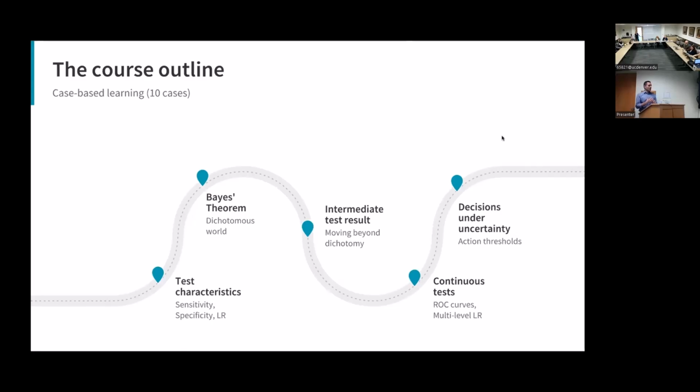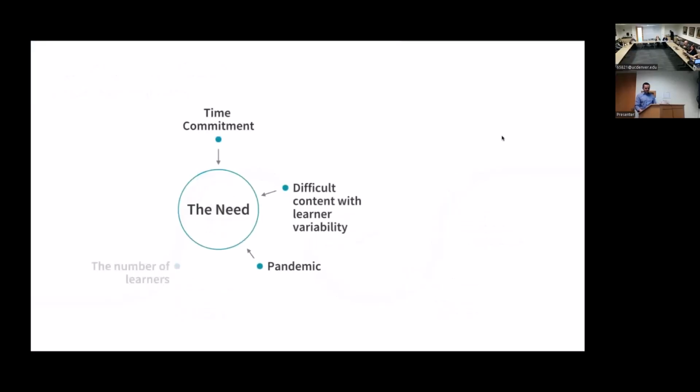So they can tell apart very abnormal to moderately abnormal to mildly abnormal and so on. And finally, we address decisions under uncertainty, action thresholds, when we should proceed with more workup versus more treatment when we are facing uncertainty in the diagnostic process.